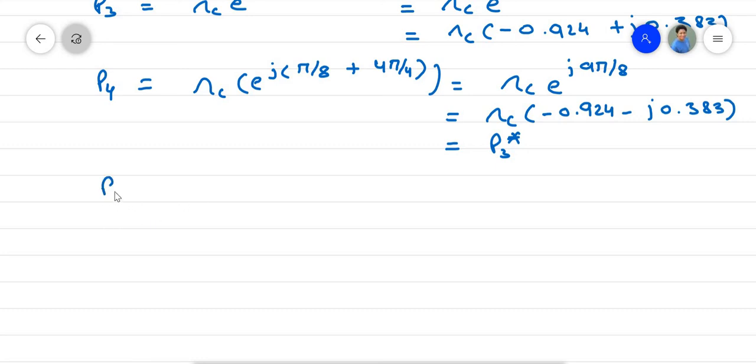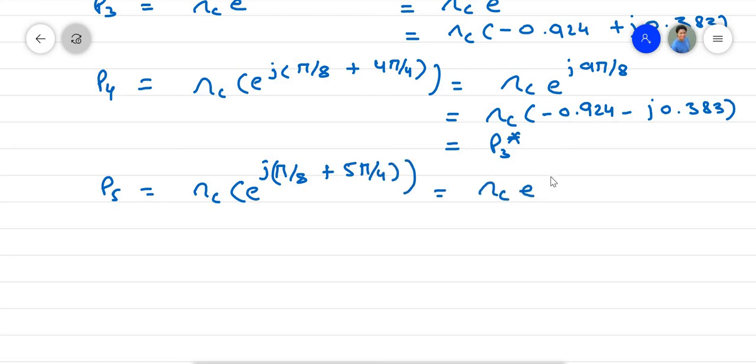So to verify, we will find out the value of P5. P5 is omega c exponential j (pi by 8 plus 5 pi by 4), which will give omega c exponential j 11 pi by 8. When we solve this, it will give omega c times minus 0.383 minus j 0.924.